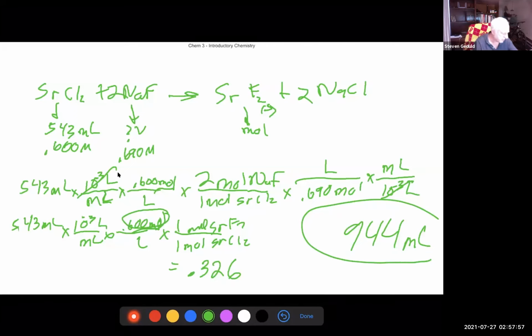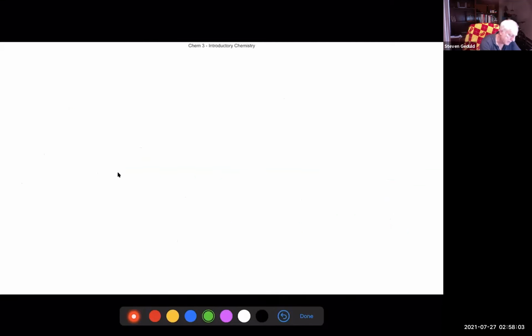Okay, real similar one here. So lead-2 nitrate. Okay, so the other formula. Uh-oh, what happened to my pen here? I lost power to it. All right, get another one.